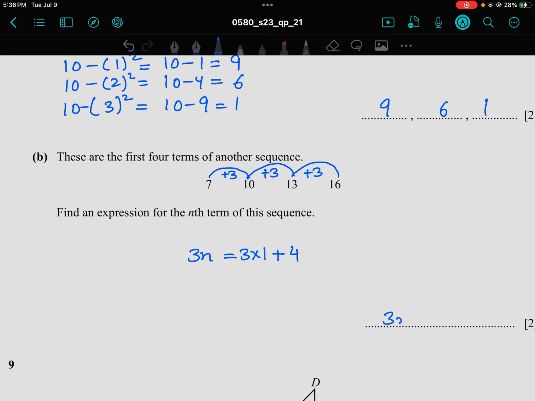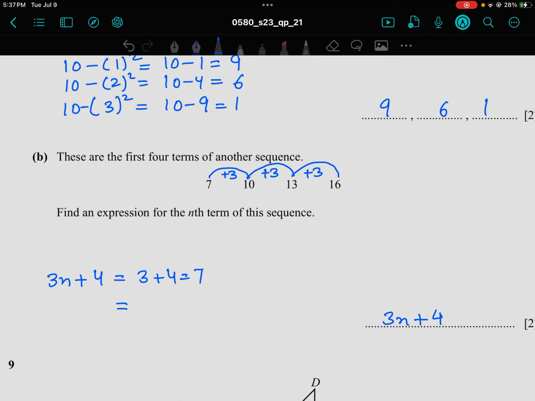So 3n plus 4 will give me the term. If you write n as 1, then it will be 3 plus 4, 7.